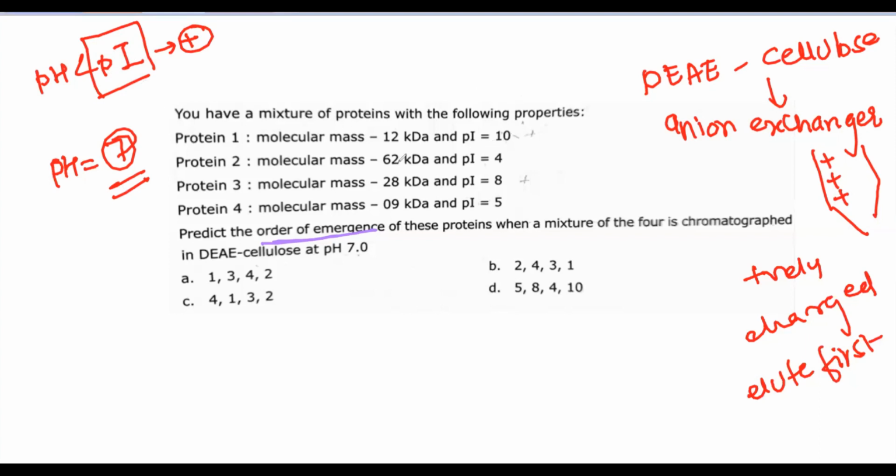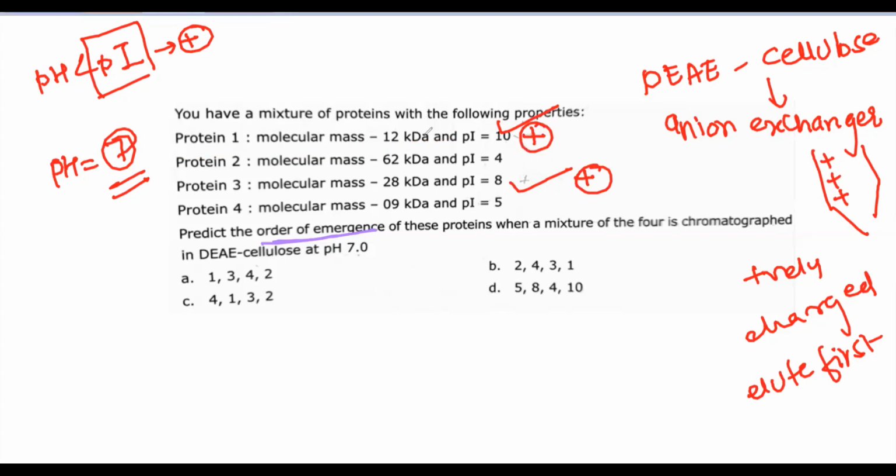So as you can see, protein 1 and protein 8, both of these are going to be positively charged. That means these guys will elute out first.